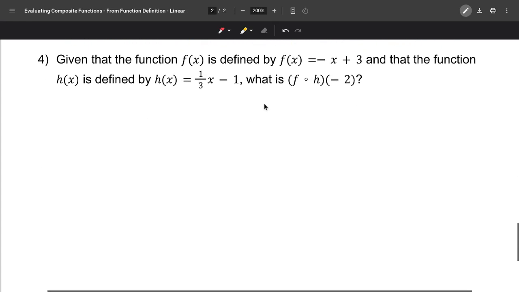All right, problem 4. Given that the function f of x is defined by f of x equals negative x plus 3, and that the function h of x is defined by h of x equals 1/3 x minus 1, what is f of h of negative 2? Okay, so first off, we want to find h of negative 2.